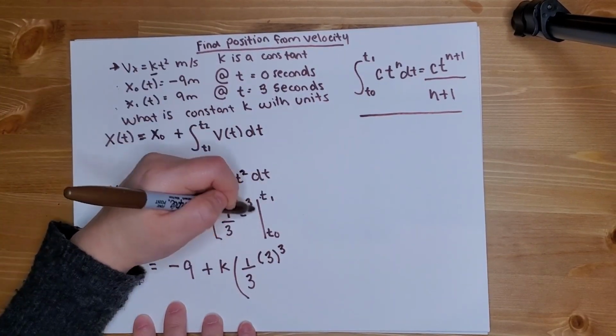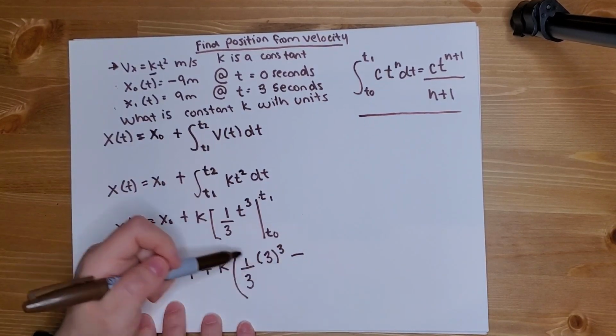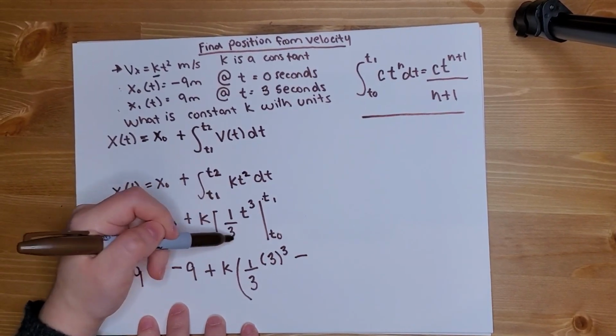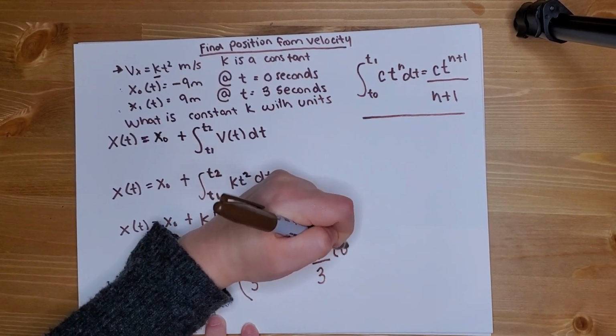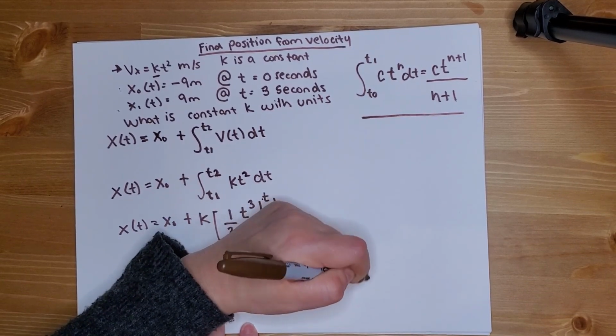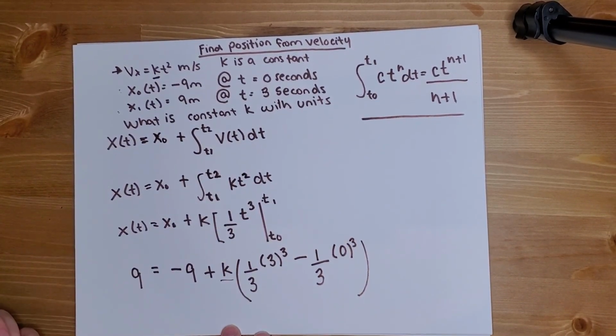Then I do this whole term again, but I have to subtract my t0 term: 1 over 3 times 0 cubed. That will solve for my k because everything else is just numbers.